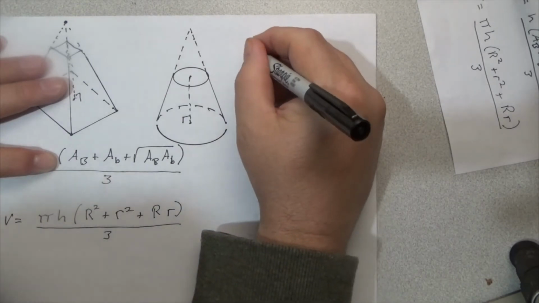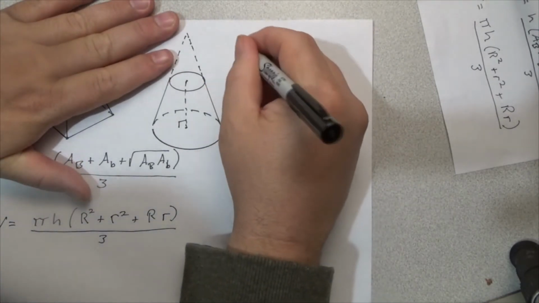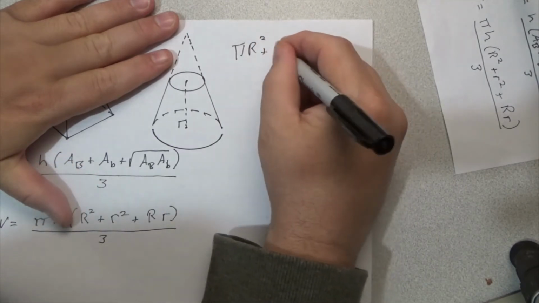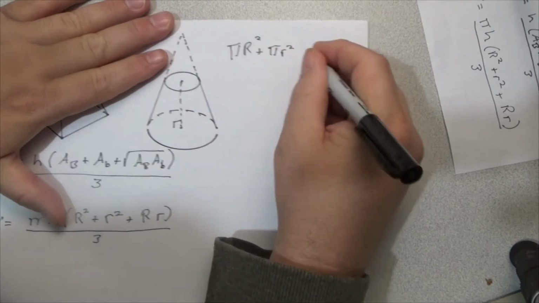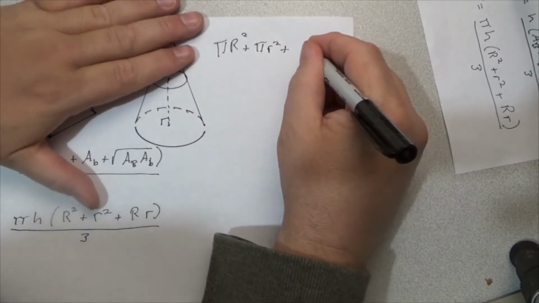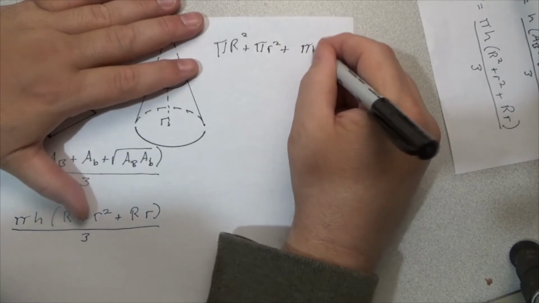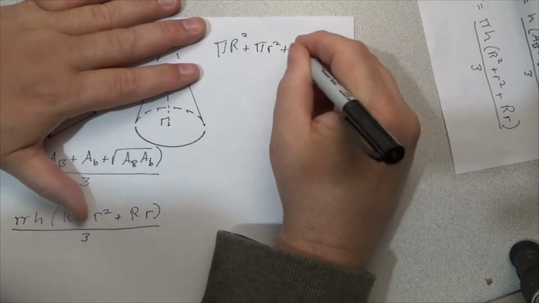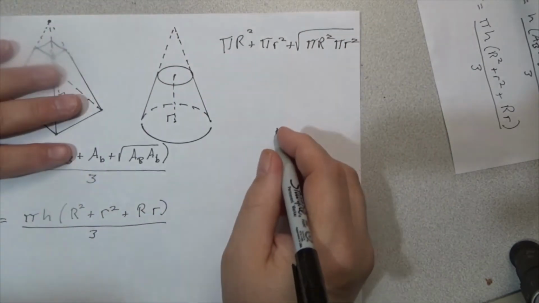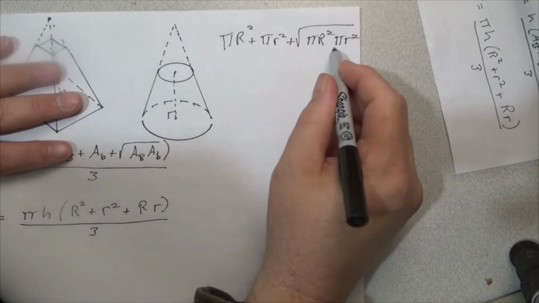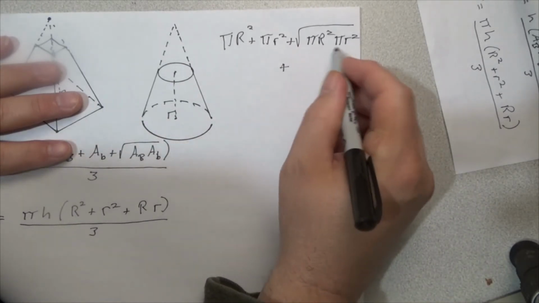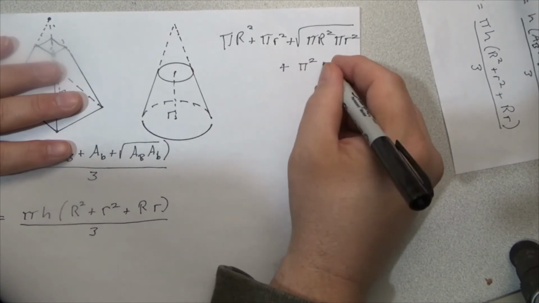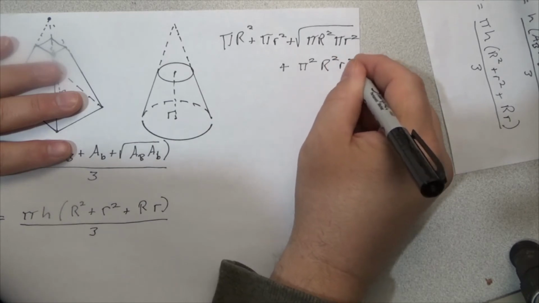So you've got pi, capital R for the big radius squared, plus pi little r squared, plus the square root of pi r squared times pi r squared. This inside of here becomes pi times pi, which is pi squared, times r squared times r squared.